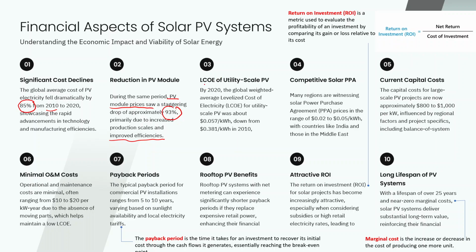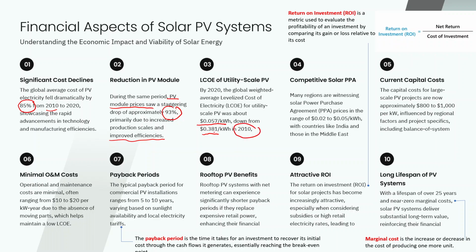And if you look at the levelized cost of energy of utility scale PV, you can see by 2020, the levelized cost of energy for utility scale PV was about $0.057 per kilowatt hour, compared to 38 cents in 2010, right.